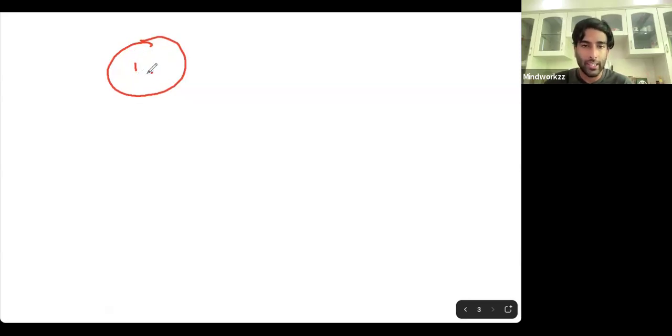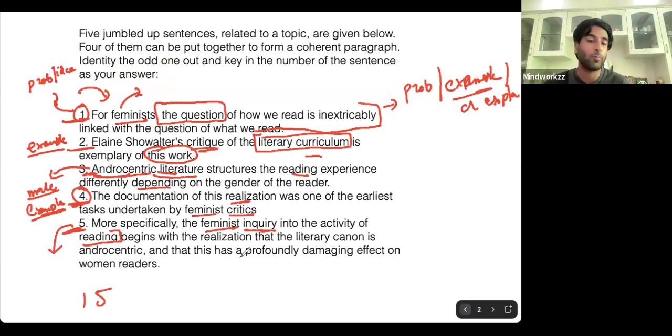So let's say this part is what sentence number 5 wants to explain. This is the entire idea. Sentence number 1 is this entire idea, and sentence number 5 is going to a specific part by mentioning "more specifically." So that's why this is also an example, or an explanation, of the idea that has been stated.